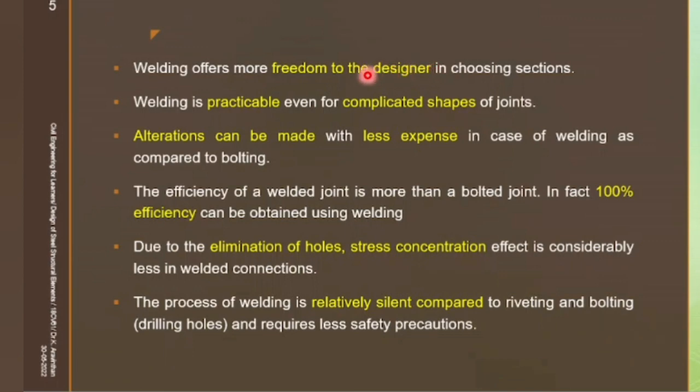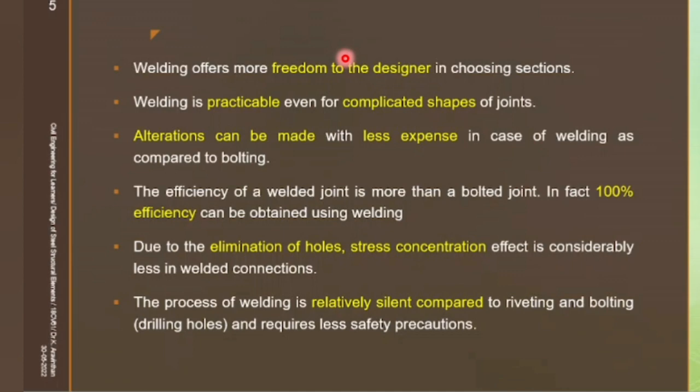In case of welded section, you can weld at any point, either at the corner of the flange or center of the flange or at the web, whatever may be your position, you can weld that. When you are going for bolted connection, you can only bolt on selecting the edge. That is, from the edge it has to be bolted only to this distance, and from the pitch next bolt has to be like this. Like that you have restrictions.